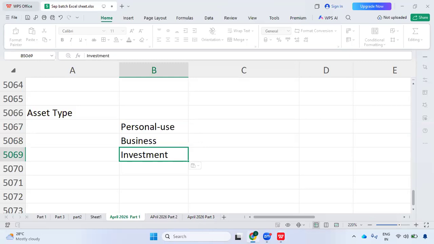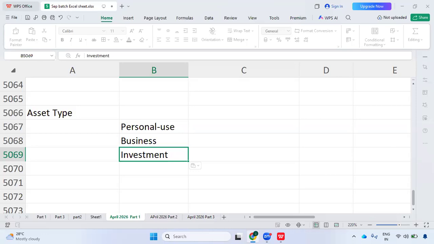If a taxpayer sells a personal car, which is personal use property, or sells a rental building, which is investment or business property, how much was actually invested? So many factors are required, so understanding the asset type is also important.